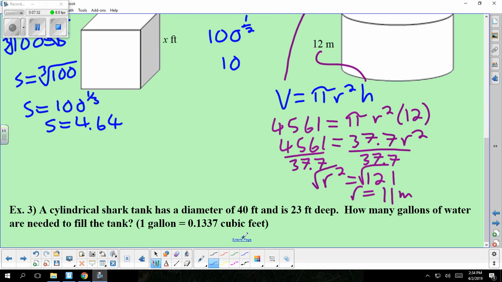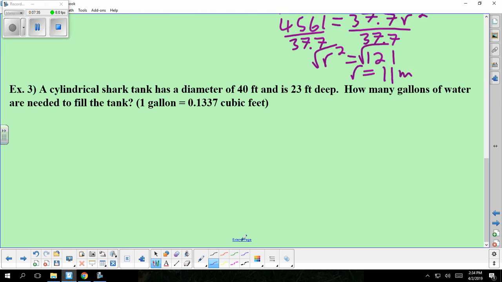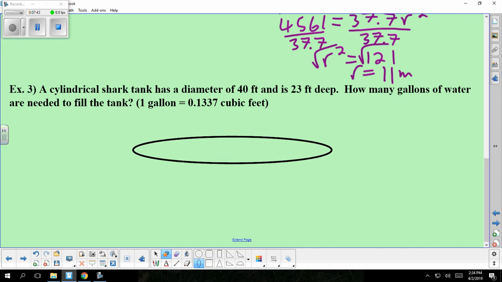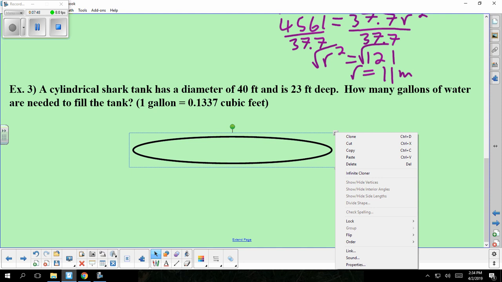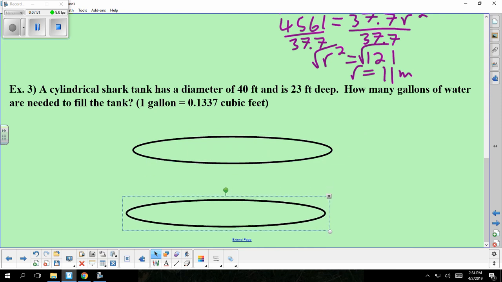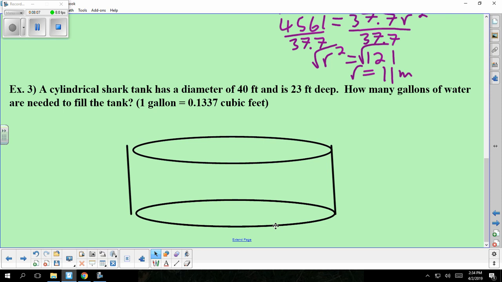All right. I apologize for the scary nature of this next problem. We have a cylindrical shark tank. So let's go ahead and create our shark tank here. That's a pretty good shark tank.